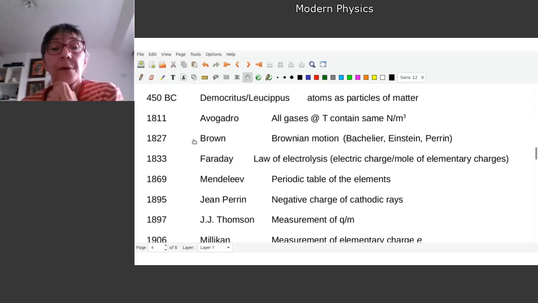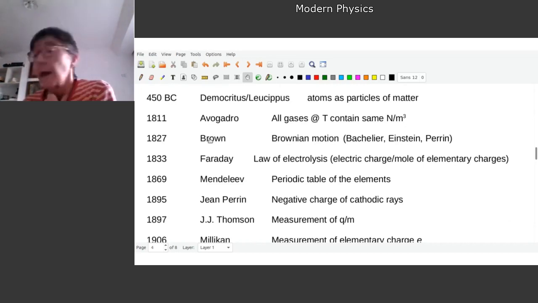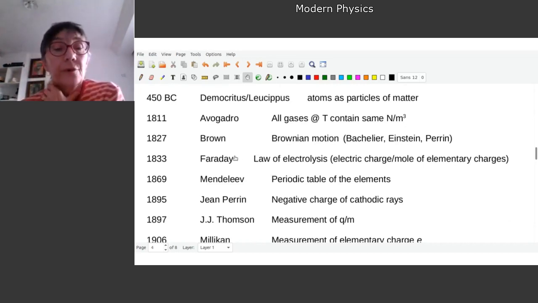And after that, we have the very important discoveries by Robert Brown. He was a botanist, and he observed with his microscope the movement of tiny grains of pollen, and they seem to have some very interesting movement. And so this is called the Brownian motion.